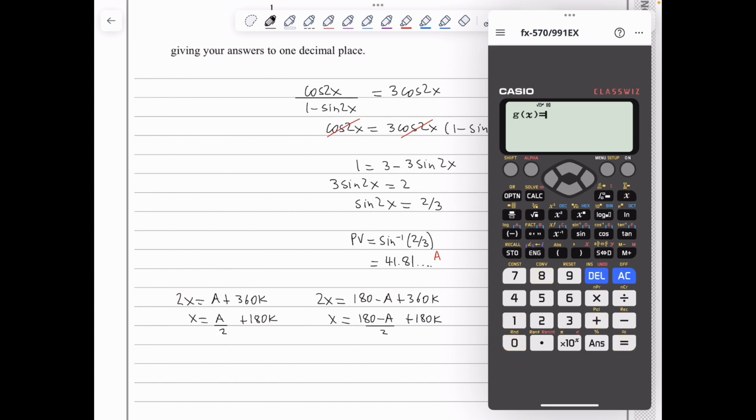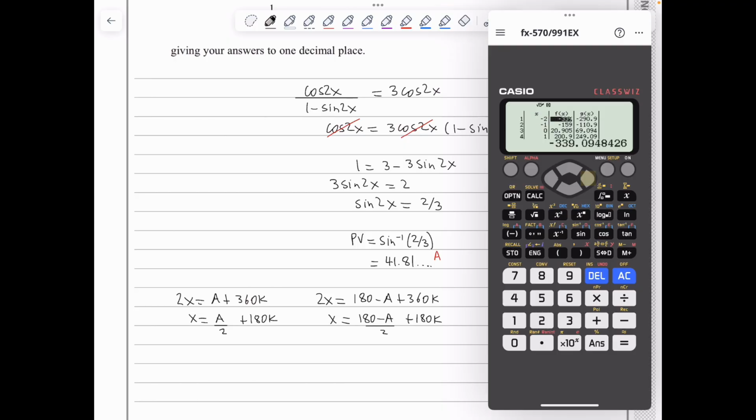My g of x will be the second equation, so 180 minus A over 2 plus 180x. I will ask my calculator to start maybe at -2, go up to 2, and I'm stepping every one.